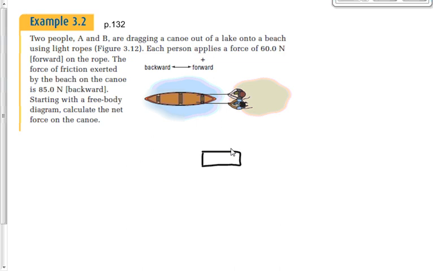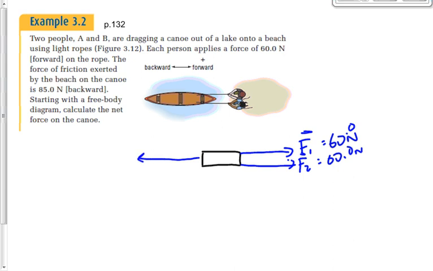I have a force to the right, we'll call it F1 of 60 newtons. I have another force to the right, we'll call it F2 of 60 newtons. We have two people pulling in the same direction, both with a value of 60 newtons. We have a force to the left, that's friction of 85 newtons.